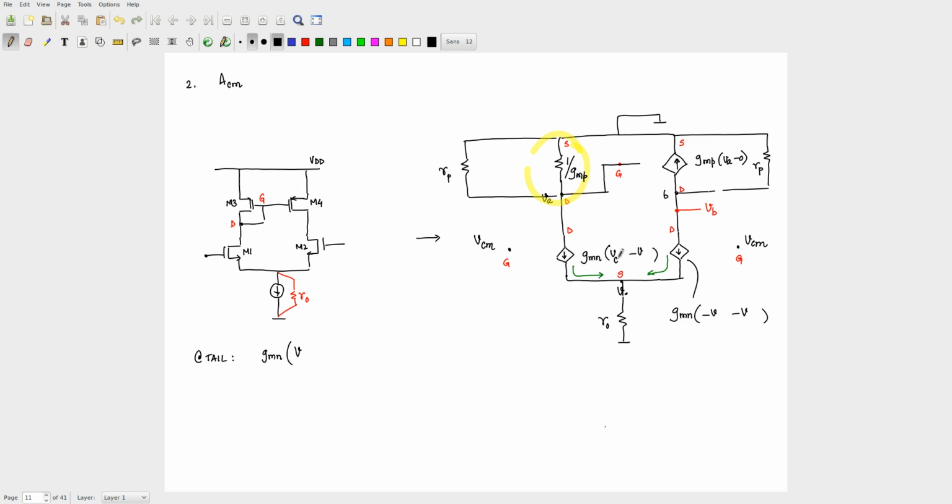This is VCM minus VS, and this is VCM minus VS. So I'll have GMN into VCM minus VS, that's the current entering here, plus GMN into VCM minus VS, that's the current entering this side, and the current which is leaving is going to be VS by R0.